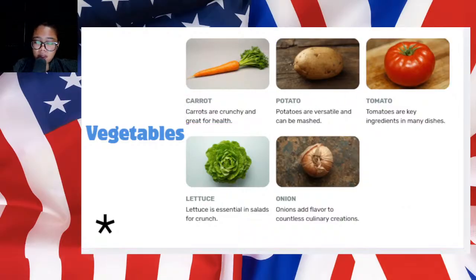Tomato is almost the same as potato when it comes to pronunciation. Again, the third vegetable is tomato. Now, the tomato is a very interesting vegetable because botanically it is actually a fruit. But in the kitchen we treat it as a vegetable. Your materials state that tomatoes are key ingredients in many dishes.